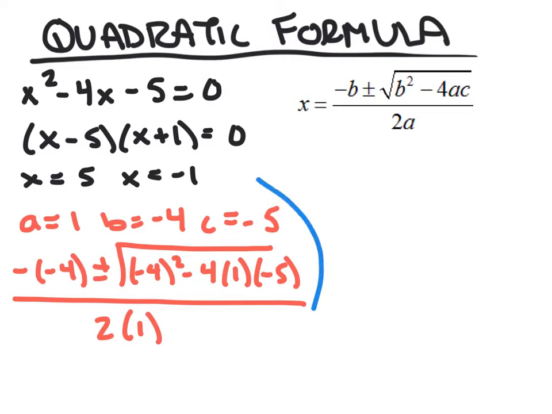Let's bring that over here and simplify it a little bit. We get 4 plus or minus the square root of 16, and then we get plus 20.